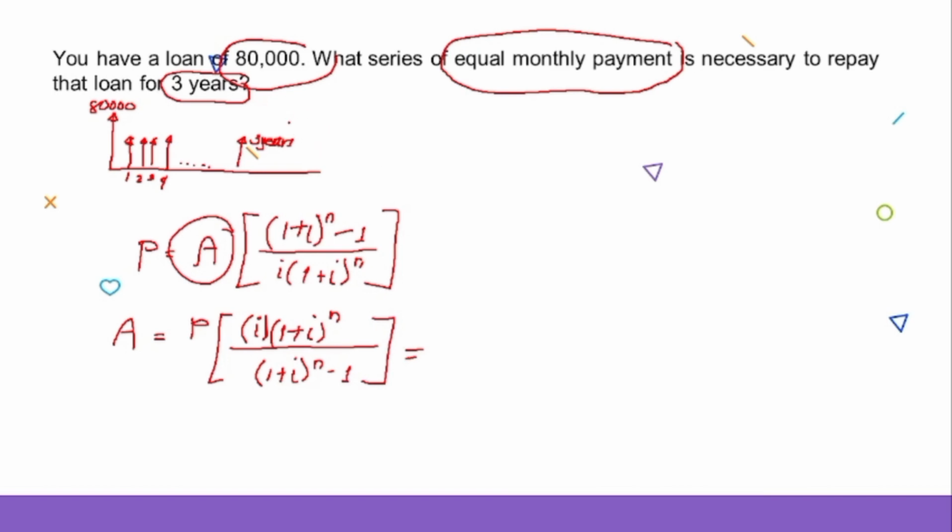our initial amount or our principal amount is 80,000 times our interest. Hindi ko nalagay dito ang interest natin. Ang interest natin is 1% per month.